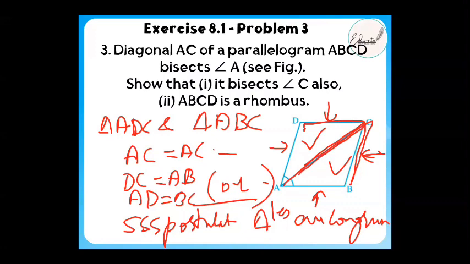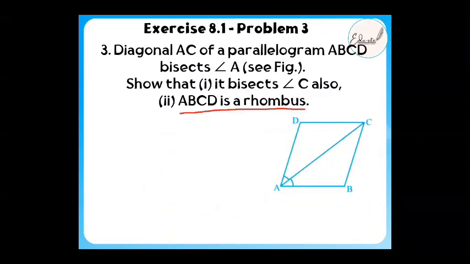We can also write other angles: angle DAC is equal to angle CAB, which is already given. And also we can prove that angle D is equal to angle B. So the first thing, that it bisects angle C, is done. This and this are equal, so AC bisects the angle C. The first proof is done.